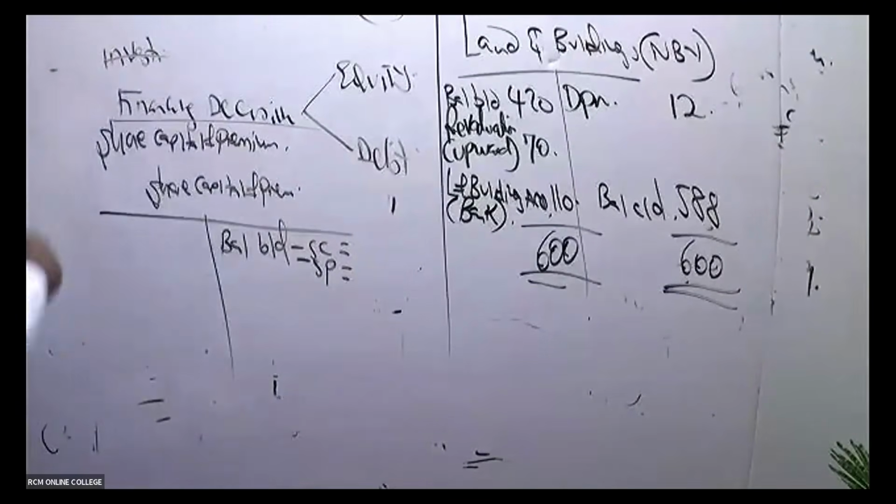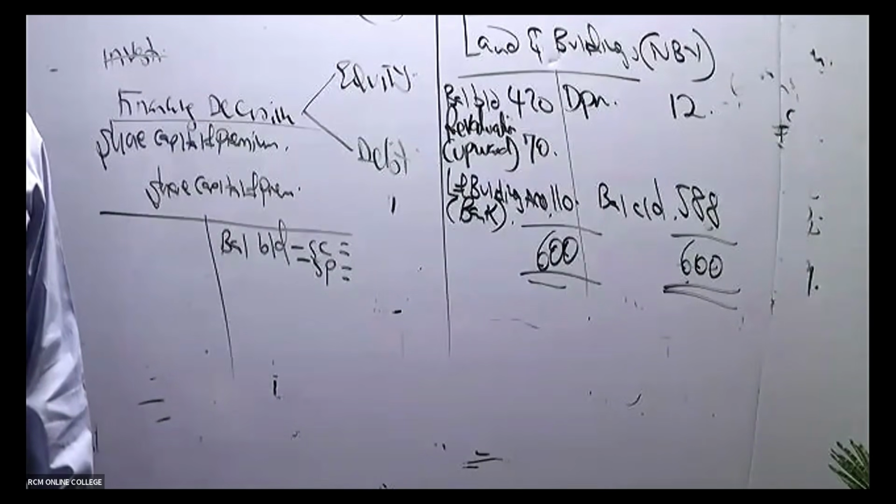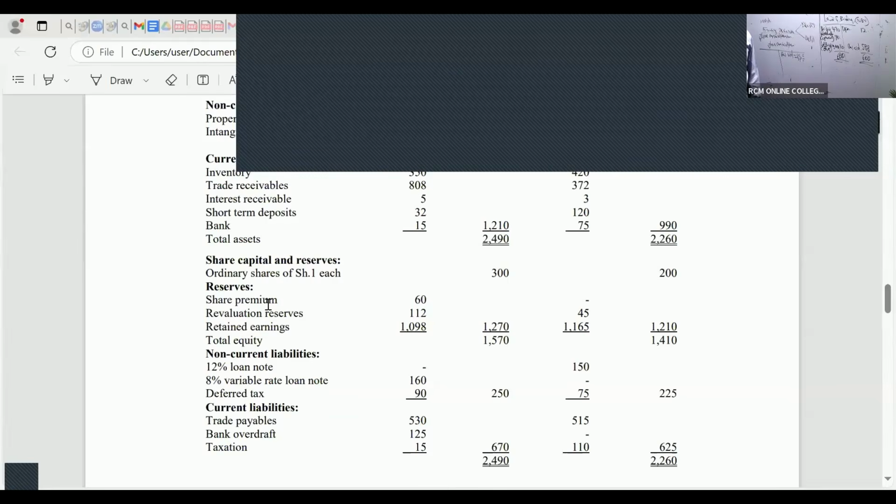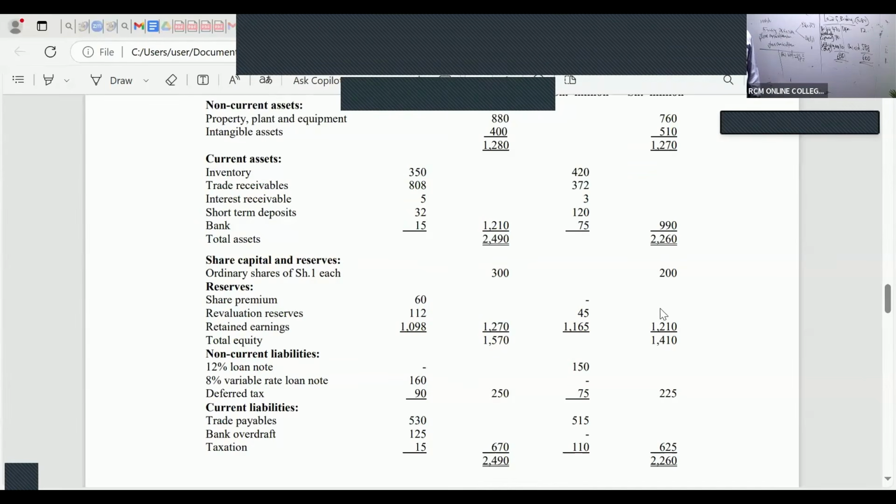Is there somebody who is able to see the balance brought down in 2022 for share capital? Oh yes, I can see brought down 200, and then I can see share premium is 0. So 200 and a 0.